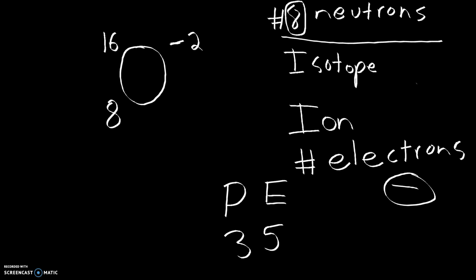So, to review isotopes and ions: an isotope is when an atom gains or loses neutrons, and an ion is when an atom gains or loses electrons.